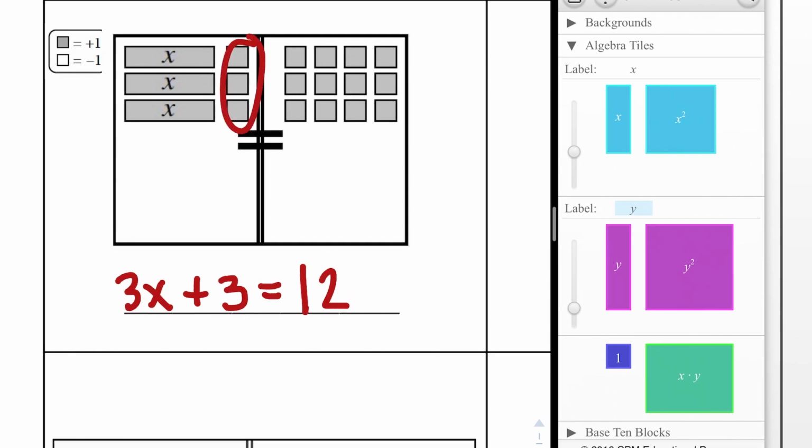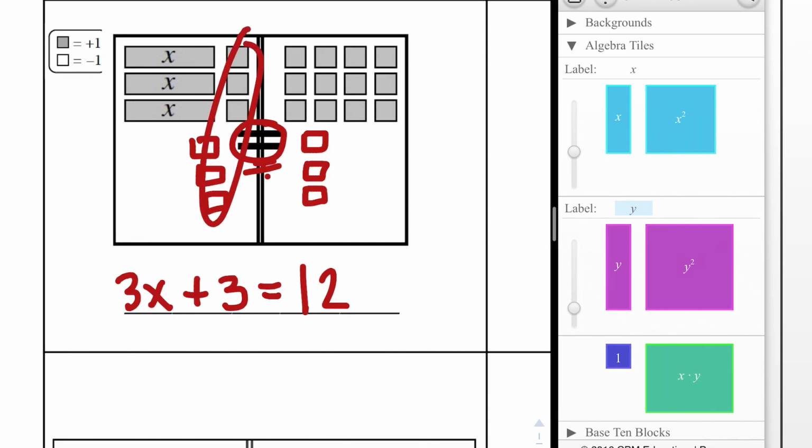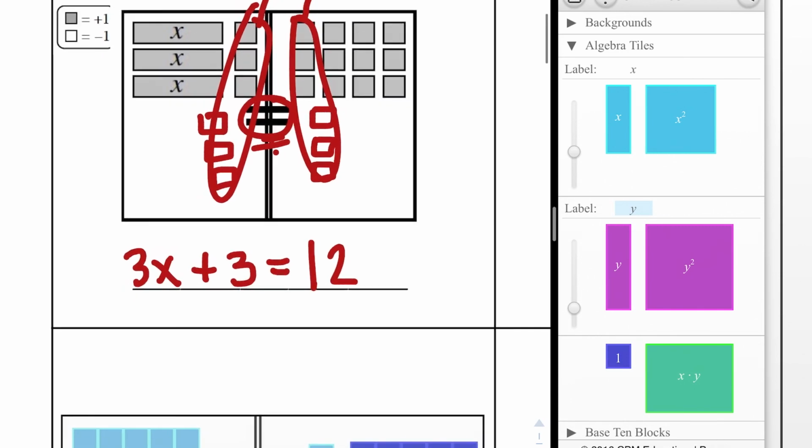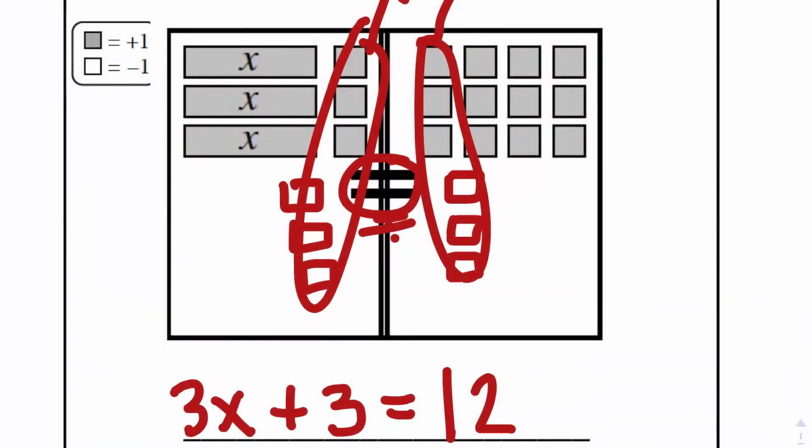These 3 become zeros, so that way we no longer have these ones on the left side. To do that, we're going to bring in 1, 2, 3 negatives. If I bring in 3 negatives on the left, I have to bring in 3 negatives on the right, just because we want to keep it balanced for the equal sign. Okay, so if I do that, I can make zeros with those. I can make another set of zeros on the right, and I'm left with 9 ones on the right and 3 x's. So I'm going to go ahead and start writing that.